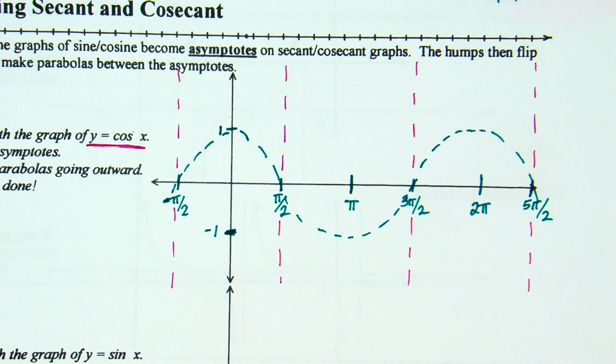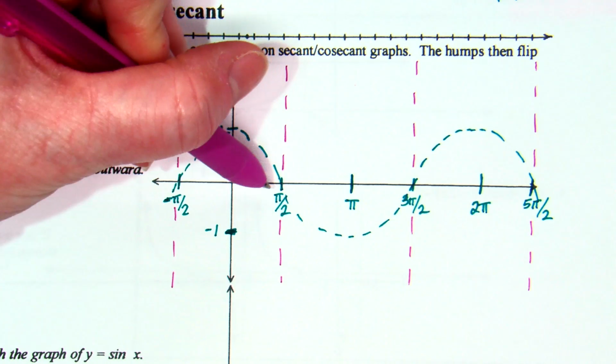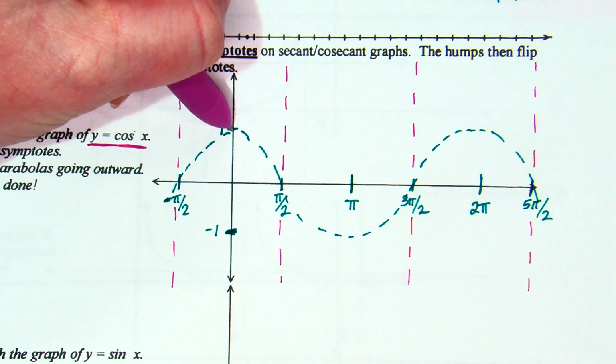Okay, so now it said to draw the parabolas going outwards. So for instance, between negative pi over 2 and pi over 2, I have a mountain. We're going to flip and draw a right side up parabola that touches our mountain right at the top. So the top of your mountain and the bottom of your valley are going to touch.